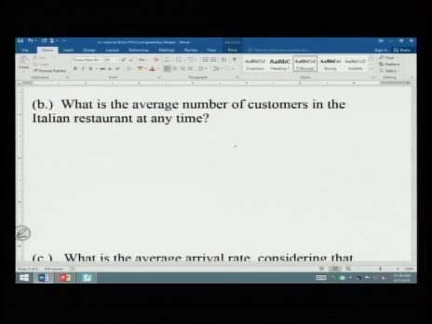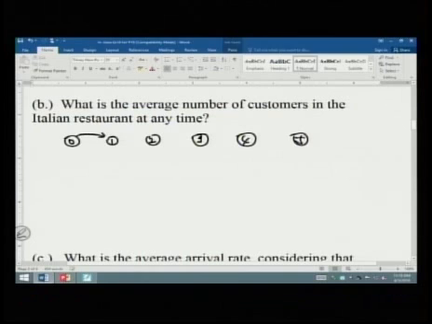So down here we have states 0, 1, 2, 3, 4, and 5, right? We have rates 10, 10, 10, 10, 10, and then 20 each.